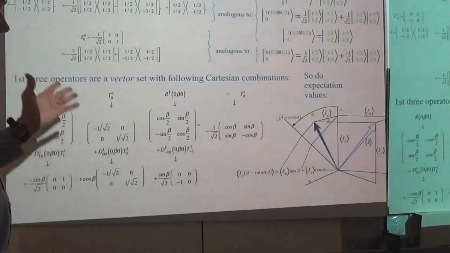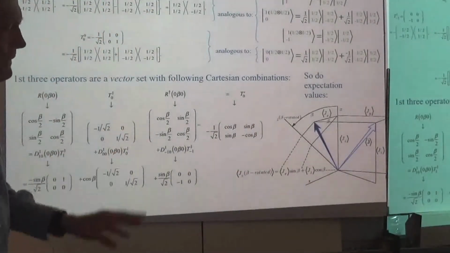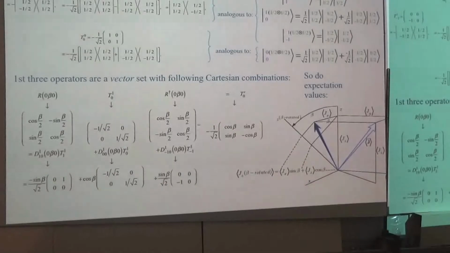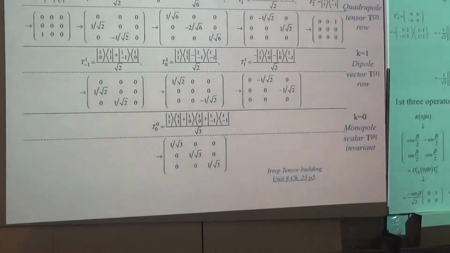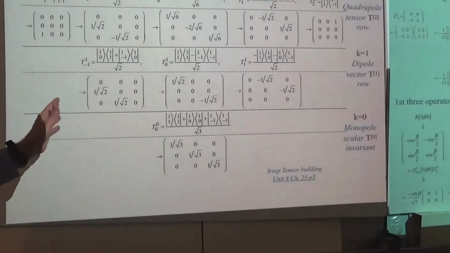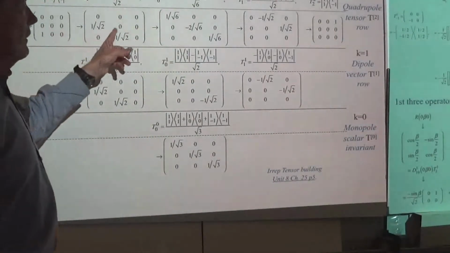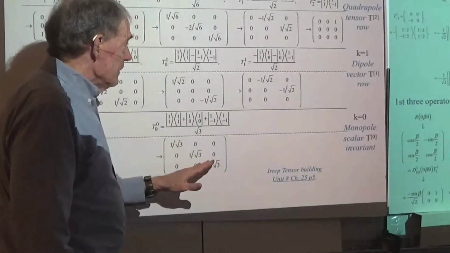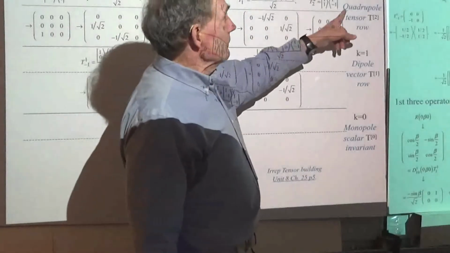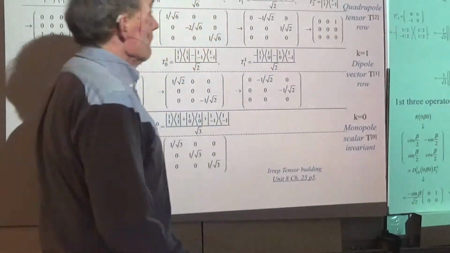So it's this that you may have to review as we go into this new world with U3 as the thing that's important, and the thing that's important here that's new, besides the vector and the scalar, is the quadrupole. Okay, but we've worked with that too.